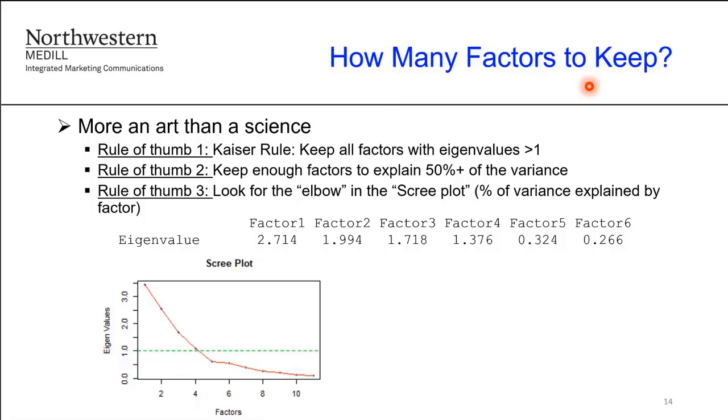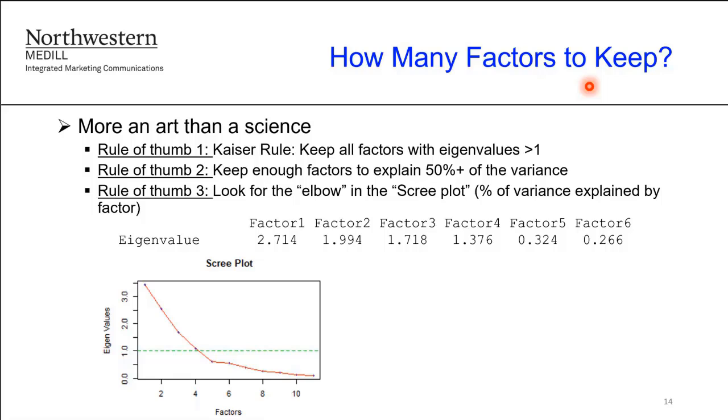We have 11 questions here, so the number of factors should be less than 11. If it's 11, the number of factors equals the number of questions, and there's no reason for us to use factor analysis.